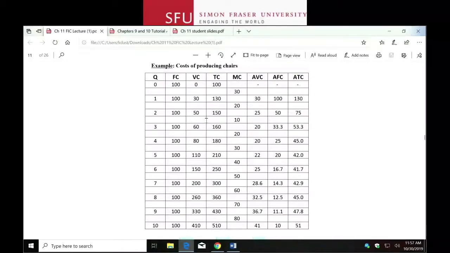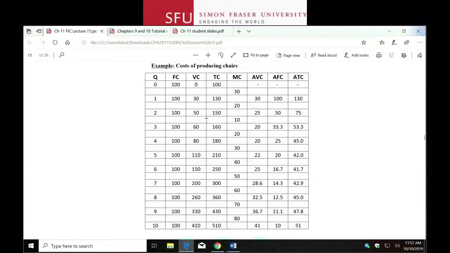Okay, average fixed cost, so that's just a decreasing number. You're spreading out that $100 fixed cost over the larger and larger quantity. And then the average total goes down until here. So it's a decreasing number to here. So up to here, the decrease in the average fixed cost outweighs the increase in the average variable cost, and so your average total goes down.